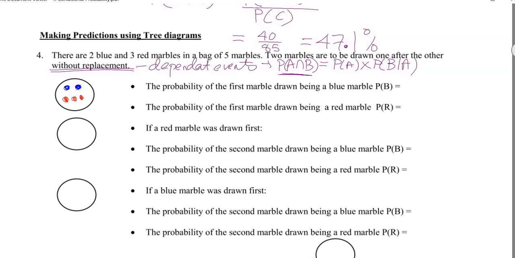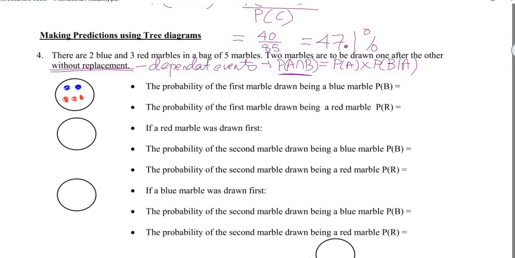Given A, so given that something has happened. So, it depends on this. That's your dependent event. And then in the next lesson, we'll do the other formula, which is, wait for it, independent events.